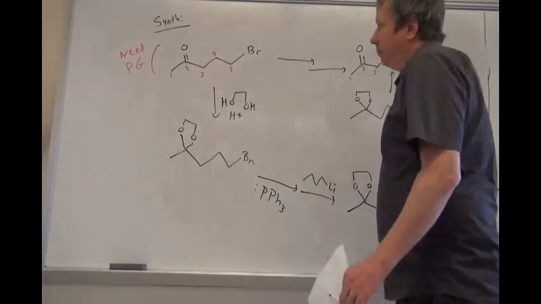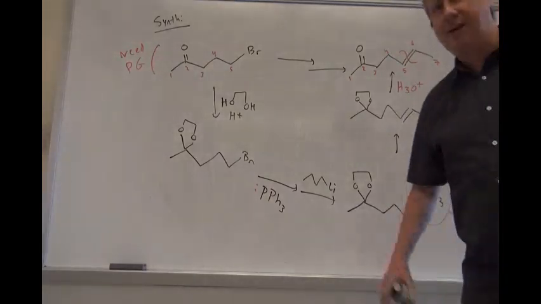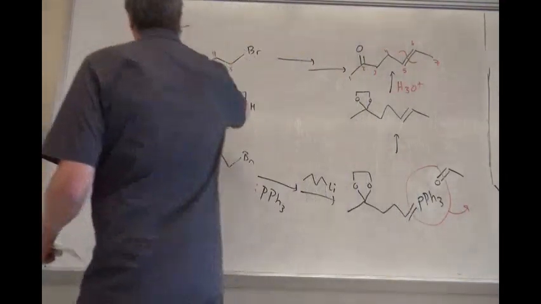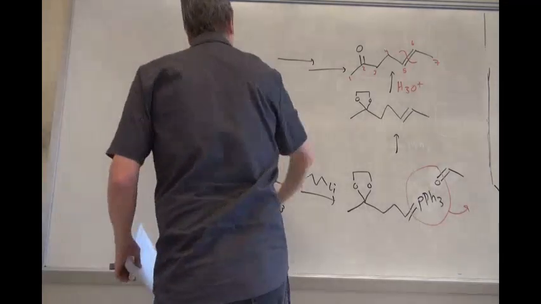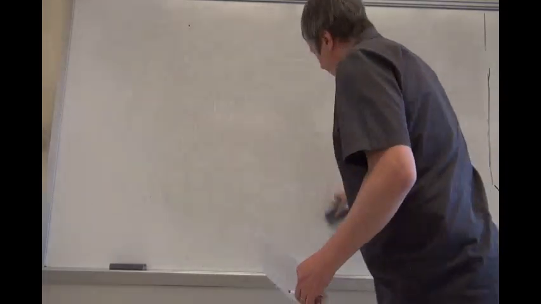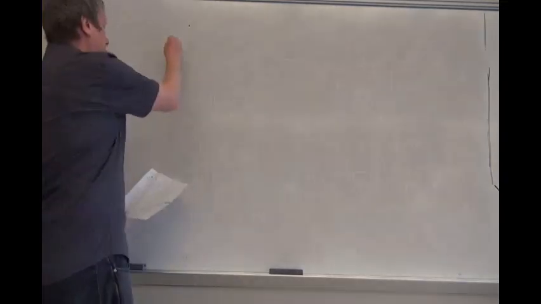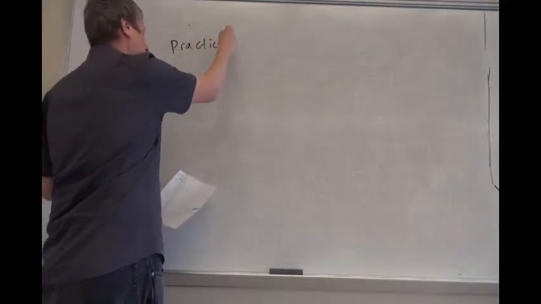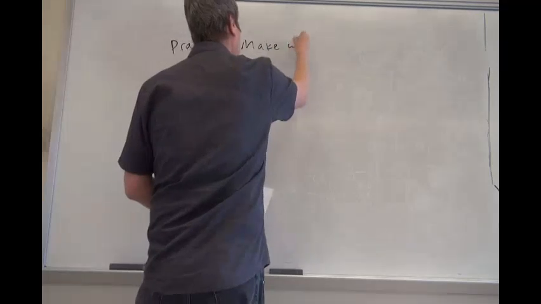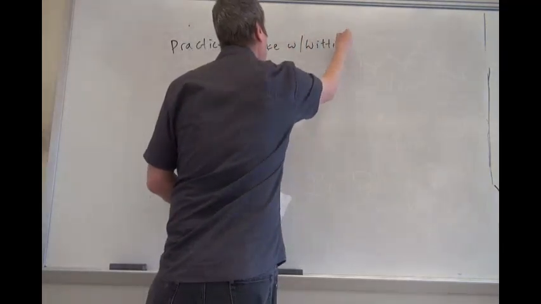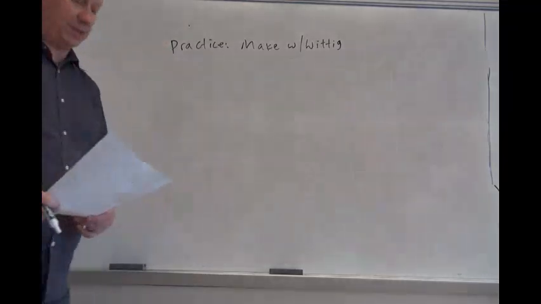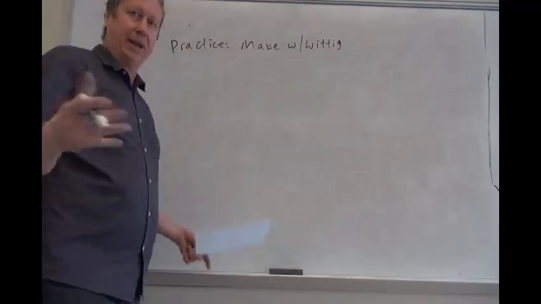All right, cool. Let's show a couple more little mini synthesis examples. Practice. Make this with a Wittig. So we'll draw an alkene and ask how we would make it by Wittig.